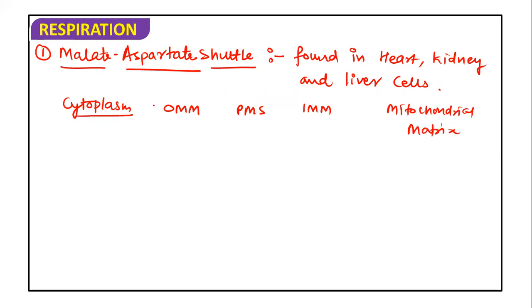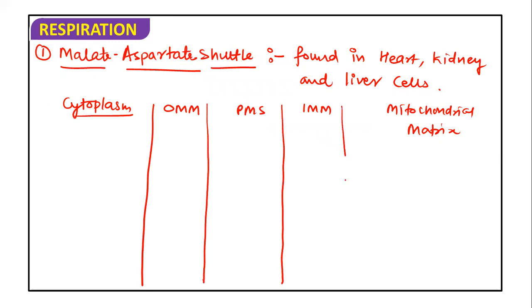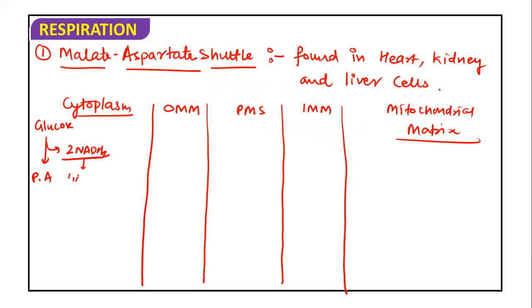Glycolysis takes place in the cytosol, glucose gives rise to pyruvic acid, and two NADH2 molecules are formed. I am showing what happens to each NADH2.